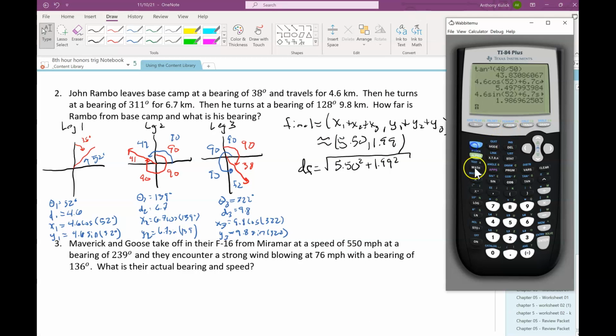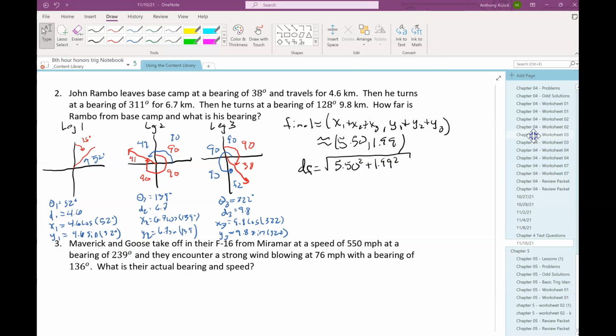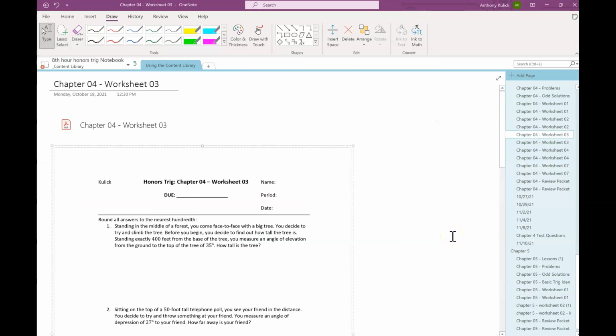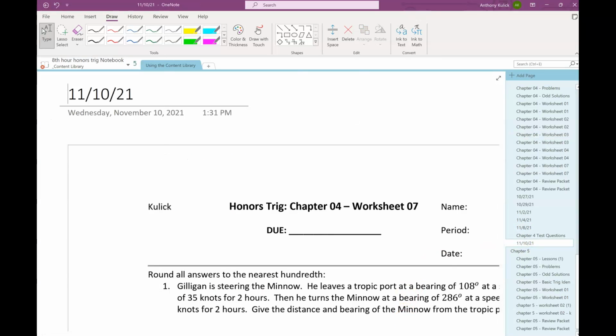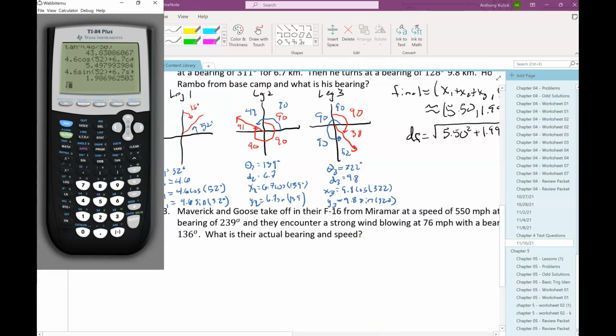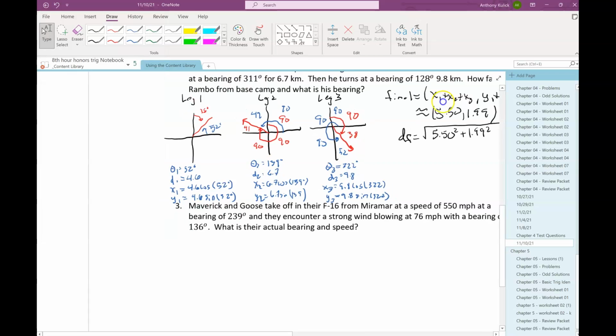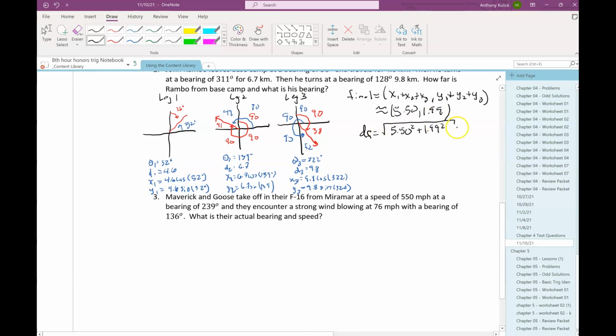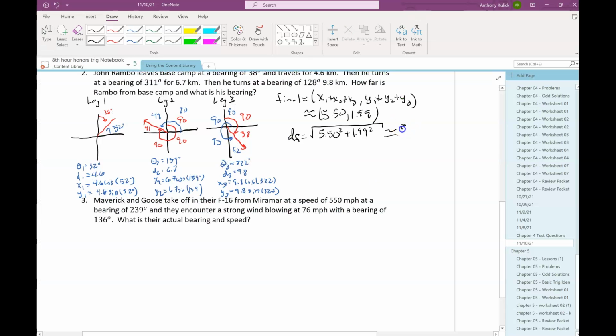So I'm just using that point that I found. So I get 5.85. And everything was in kilometers then.